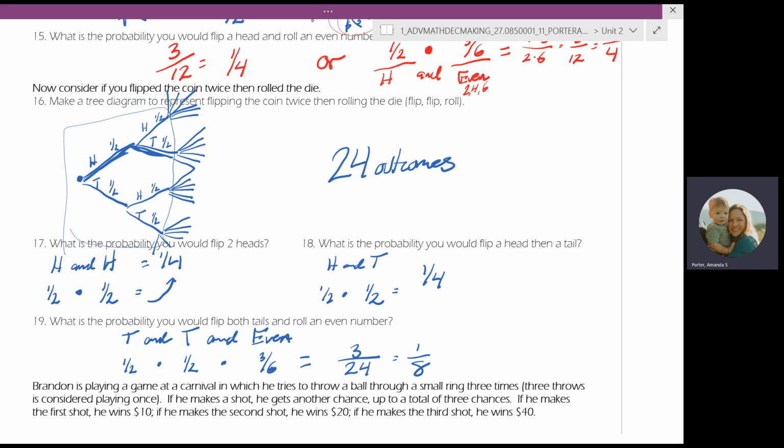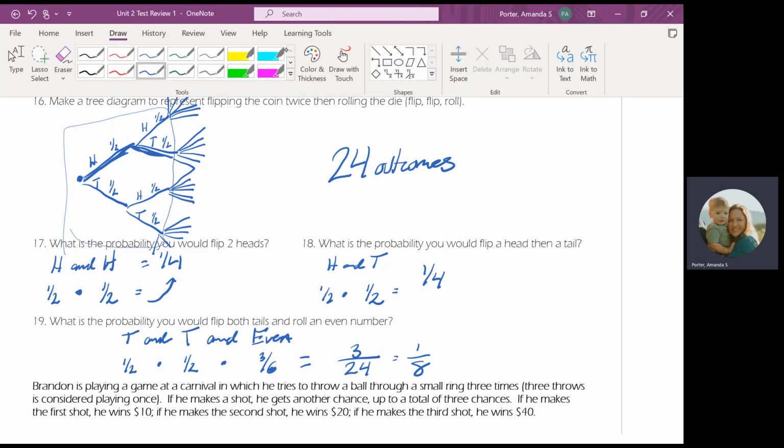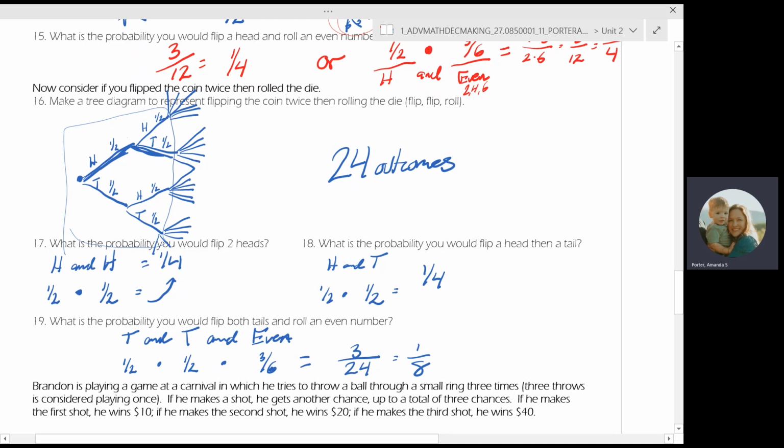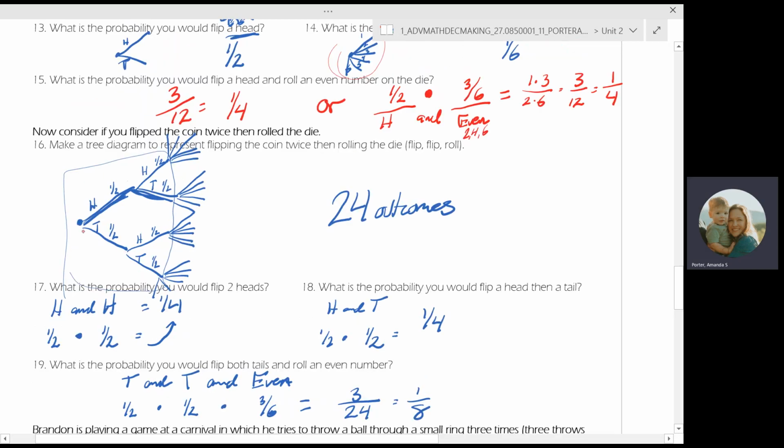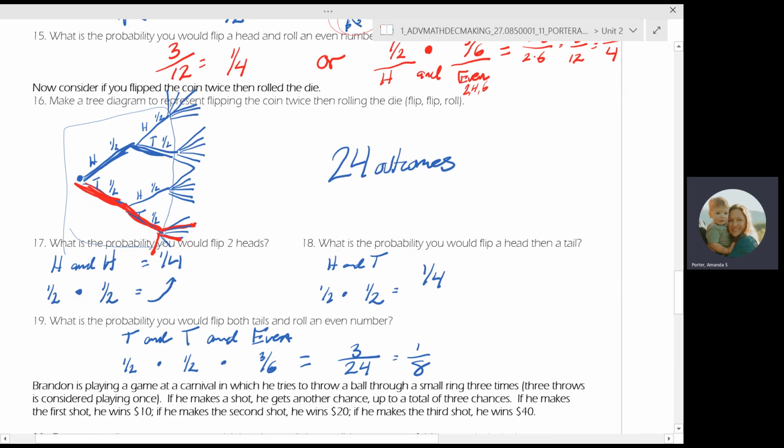If you're going to count it on the diagram, because this does talk about full branch lengths, right? We have to hit this tail, and we have to hit the next tail, but then the evens would be right here. So by the time you've gone down, I have 1, 2, 3 options, and there's my 3 out of 24.